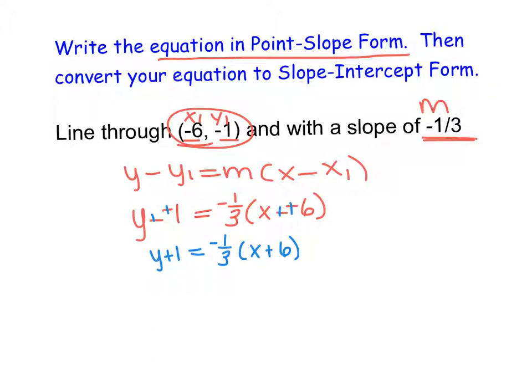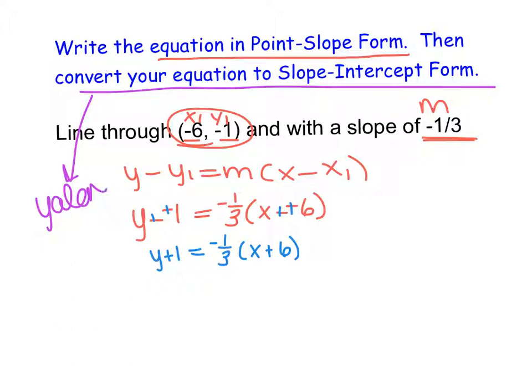So our first part is to write the equation into point-slope form. Then from here, we're going to continue rewriting and convert our equation into slope-intercept form. Remember, slope-intercept form is where we have y completely alone. First we need to start by distributing. So here we get -1/3 x, and then I need to take -1/3 times my 6/1 as my second distribution. That becomes -6/3, which is -2.